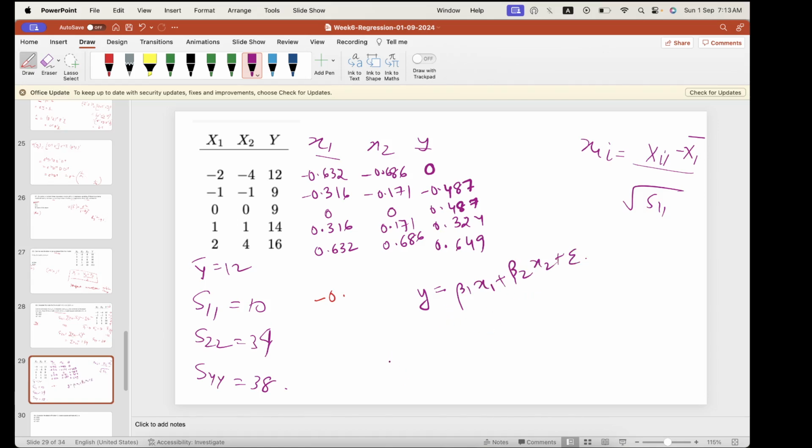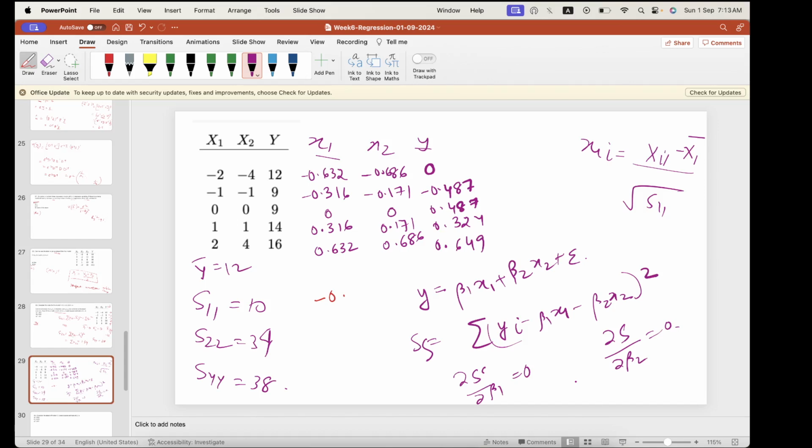So then the usual way to get beta 1, beta 2 is to write down summation yi minus beta 1 x1 minus beta 2 x2 whole square. Okay, so this is sum of squares due to residual. Now we are going to differentiate del S by del beta 1 once, equate it to 0, and then we'll find del S by del beta 2, and then we'll equate it to 0, and then we solve this system of simultaneous equations and get beta 1 hat and beta 2 hat. Okay, so let us just finish this.